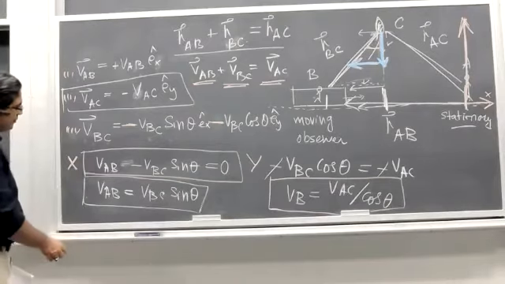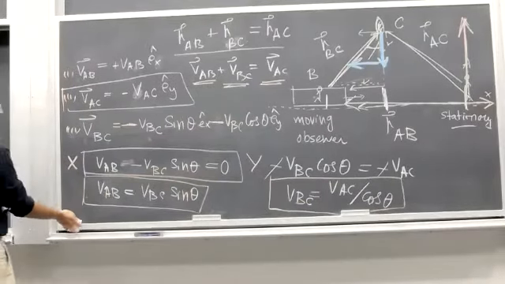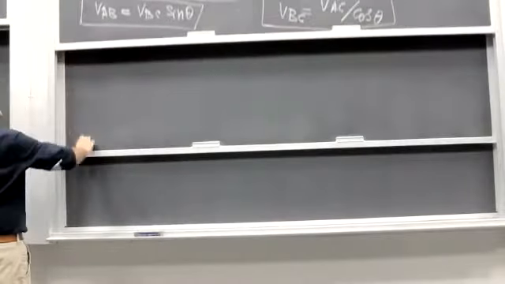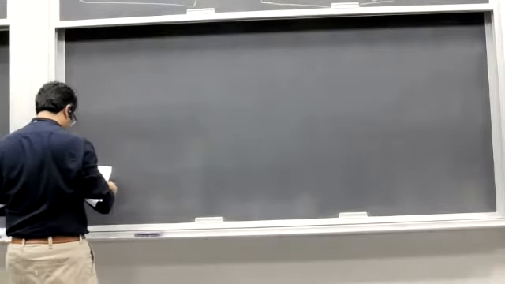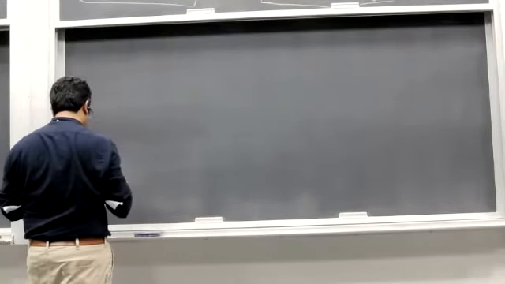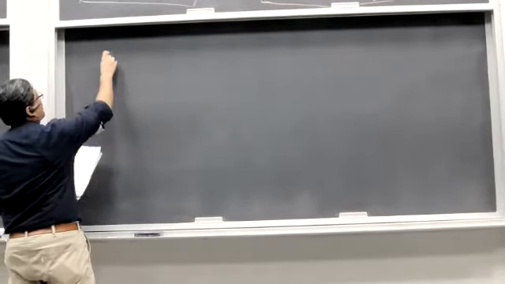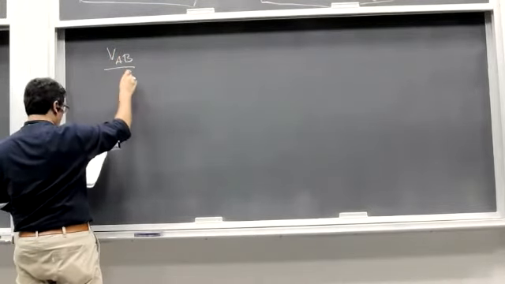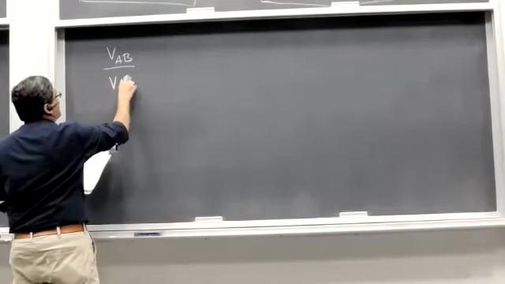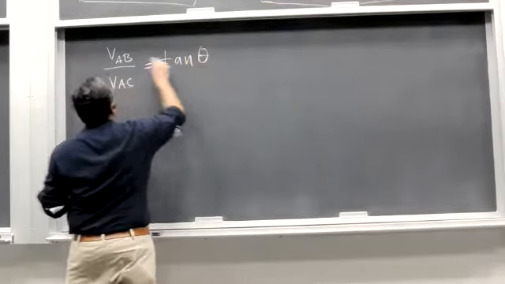So what you would get, after some rearrangement, actually no real simplification, is VAB over VAC is equal to tangent of theta.